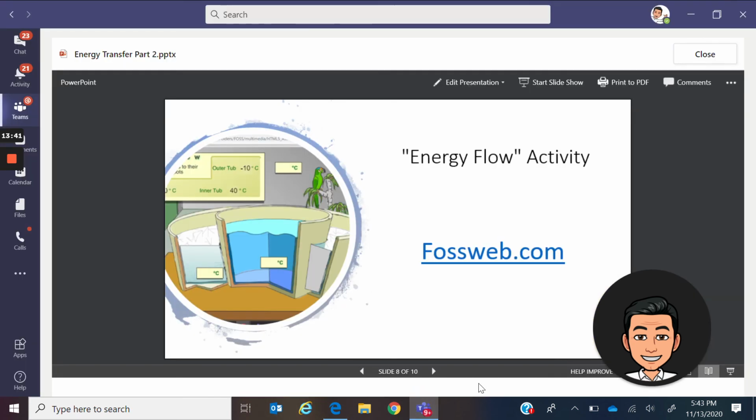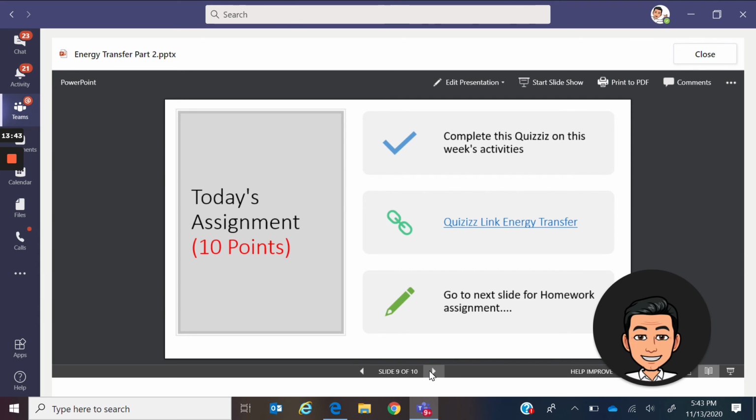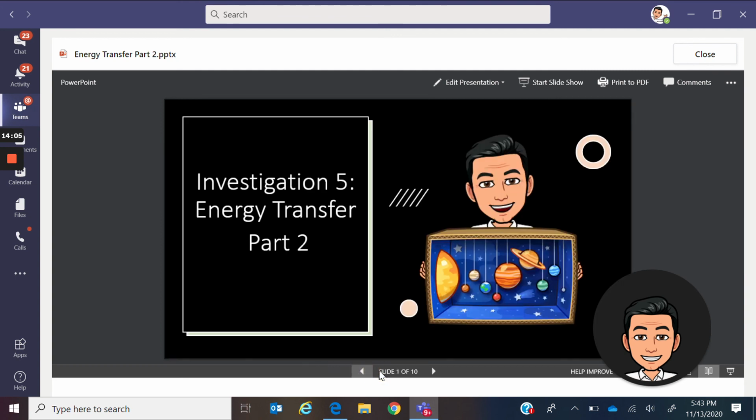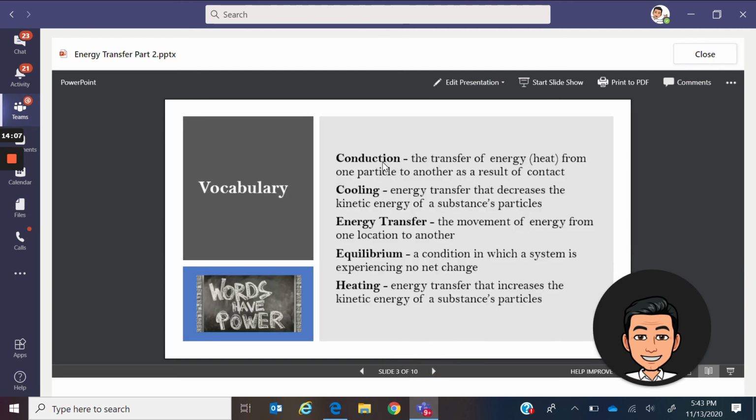Now back to the PowerPoint. The homework that you need to go through today after working through this assignment, and make sure you do the activities as much as necessary. Your first assignment for class today is to click this quizzes link for energy transfer. And your 5 questions, which I mentioned earlier, are going to be from the vocabulary terms. So there are 4 of these 5 terms, multiple choice questions on which one's which on your quiz.